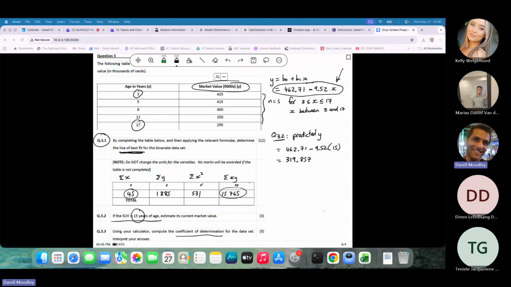The full value is 319.857 times 1,000, and that gives you 319,857 rands. I would say the estimated price of the SUV.